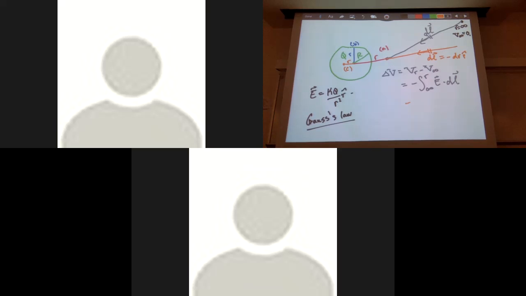So this thing is going to be equal to minus the integral from infinity to r of the electric field, which is kq over r squared, times minus dr. Here the two minus signs cancel each other, so it becomes positive. The kq is a constant, so that comes out. So now I have k times q times the integral of dr over r squared from infinity to r.